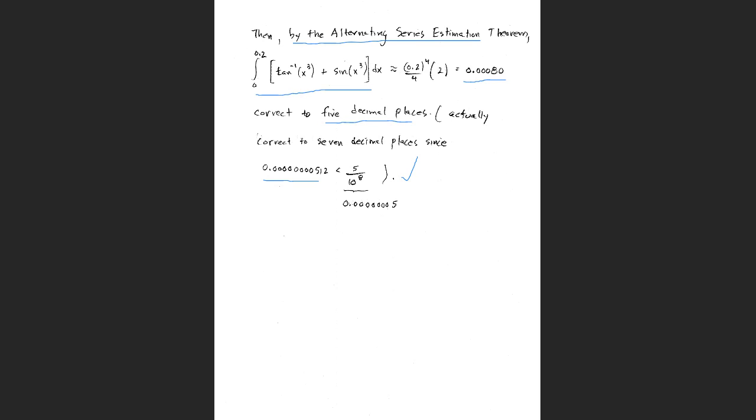It's always best if you can work it out by hand, but sometimes you can't because you don't have an antiderivative. And this is why mathematicians hundreds of years ago came up with these procedures. They needed answers, and they had to develop the math to help them get the answers. It's really an amazing topic. Okay, let's go to the next example.